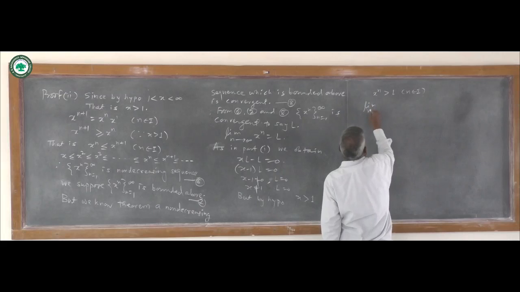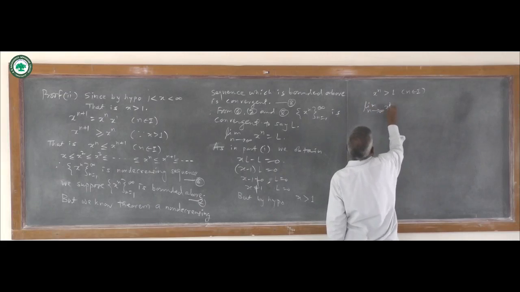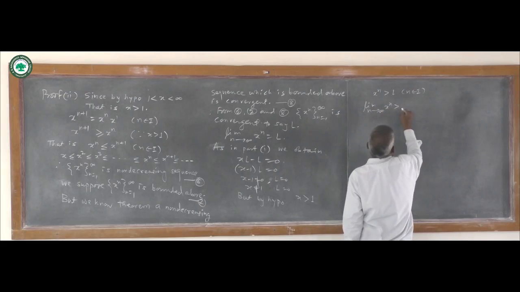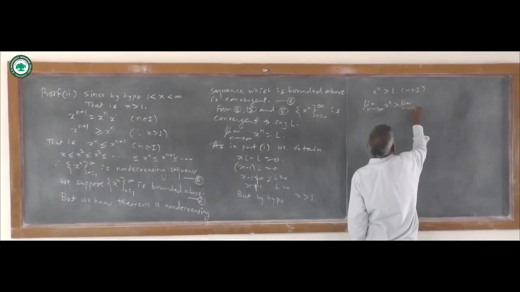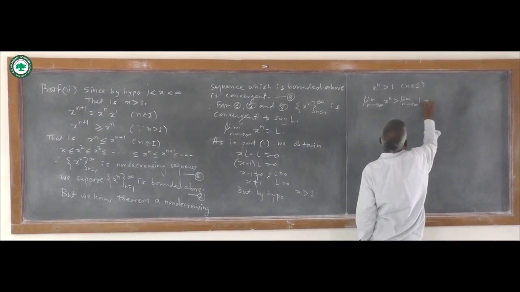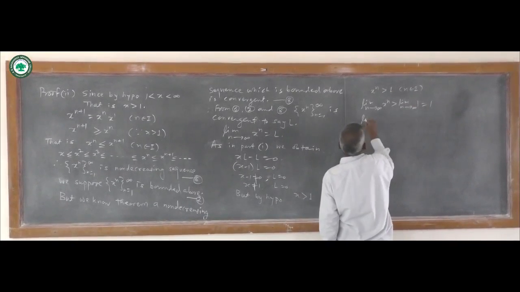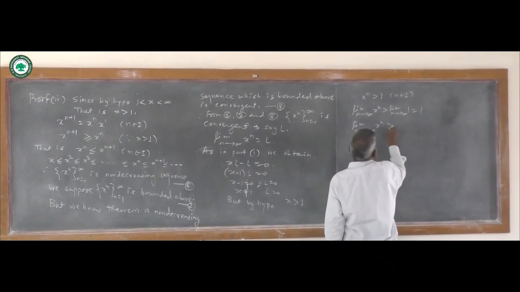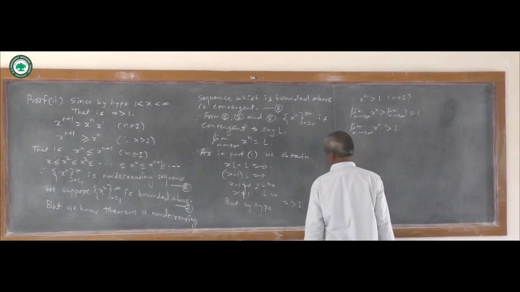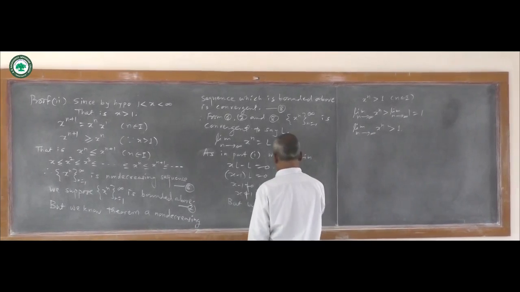Therefore limit n tends to infinity of x raised to n is greater than limit n tends to infinity of 1, which is equal to 1. That is, limit n tends to infinity of x raised to n is greater than 1. This is 9.